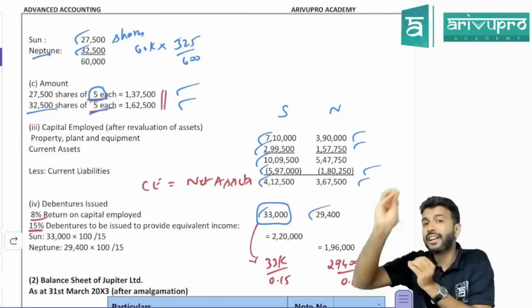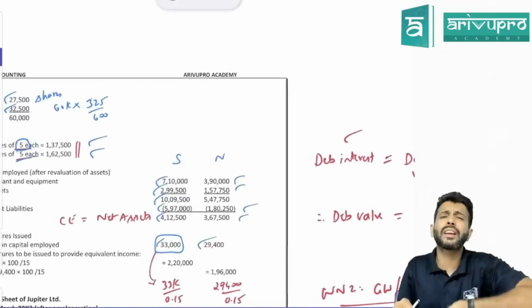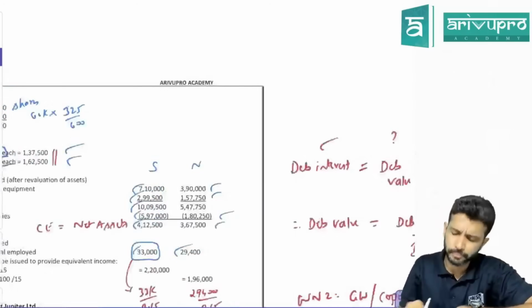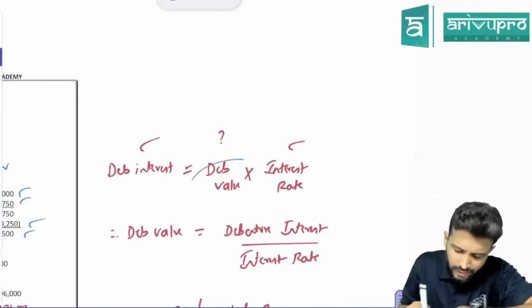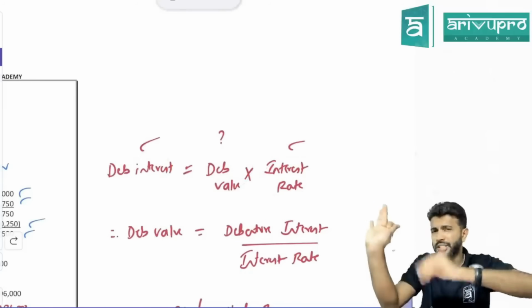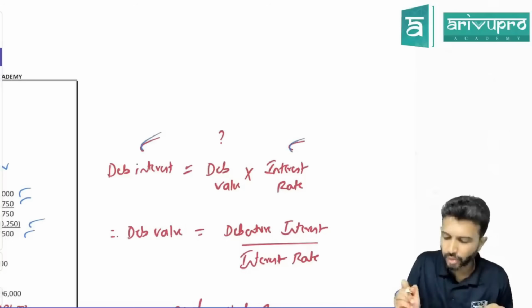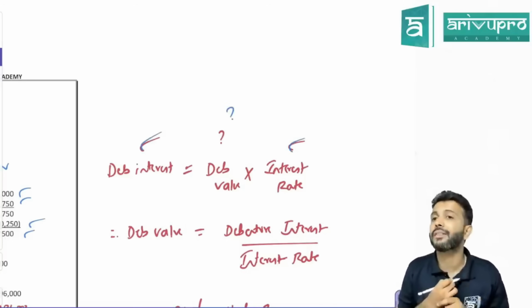How do you calculate interest on debentures? Debenture interest is debenture value multiplied by the interest rate. So if I give you the debenture interest and the interest rate, can you find out the debenture value for me? Yes.